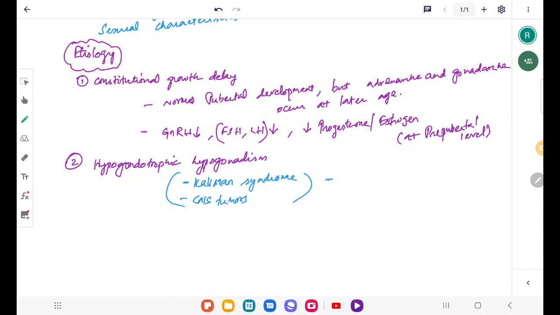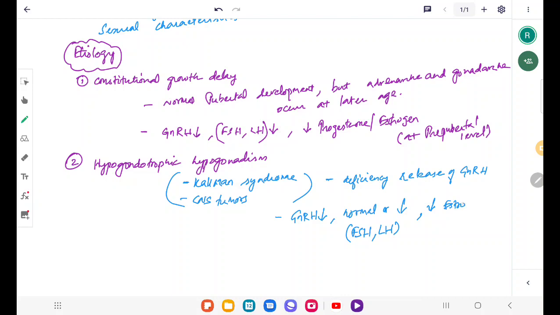In this situation, there would be deficiency of gonadotrophin releasing hormone, as a result of which the gonadotrophin releasing hormone is secreted at low level, or there would be absence. But the follicle stimulating hormone and the luteinizing hormone will either be normal or low, and there would be decreased production of estrogen as well as progesterone.